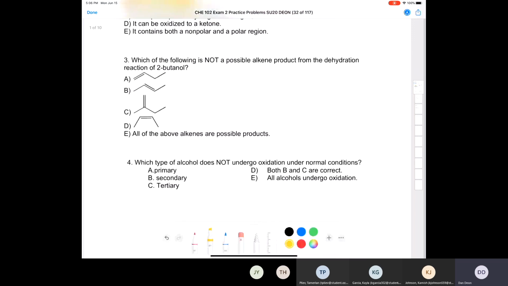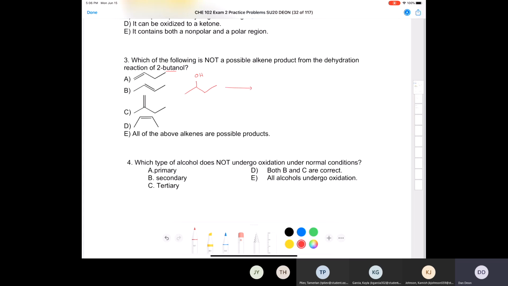Okay, let's take a look at the next one. It says, which of the following is not a possible alkene product from the dehydration reaction of 2-butanol? So first, let's start by drawing 2-butanol. So 1, 2, 3, 4, right? Because we have butane, and on carbon number 2, we're going to put our alcohol. This is talking about dehydration, so losing water.